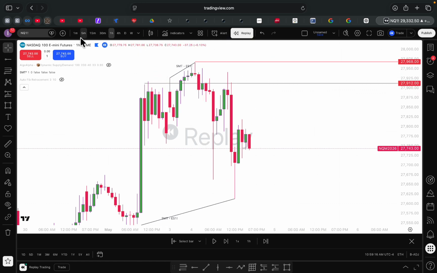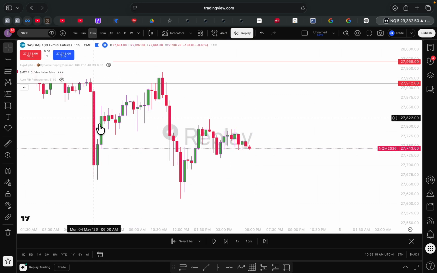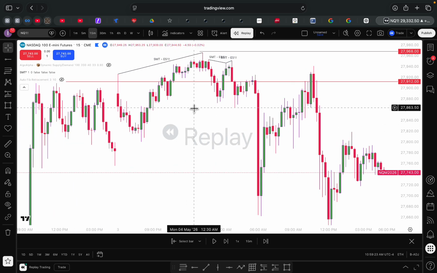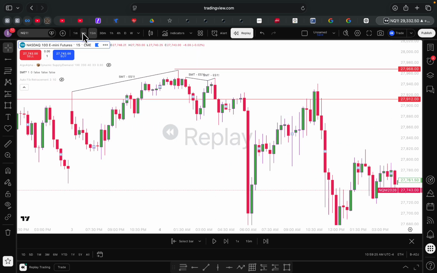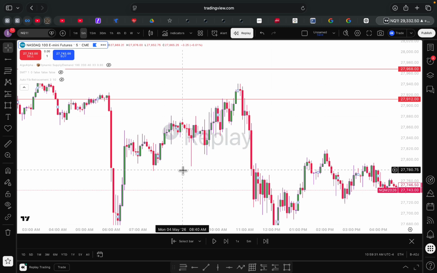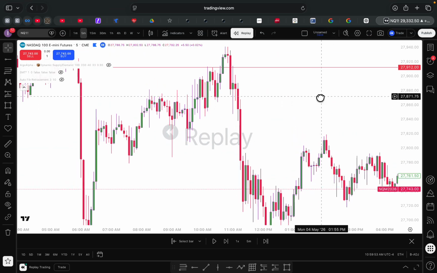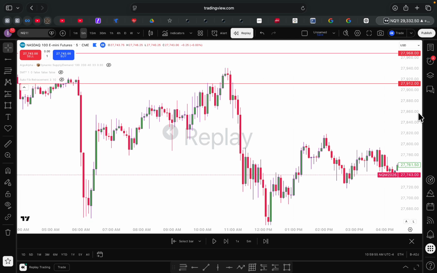So I'm gonna go down to the smaller time frame. Let me take this off because this might be confusing to people. Okay, I'm gonna just go down to the 5 minute time frame. On this 5 minute time frame, I noticed that price had started to accumulate, right?